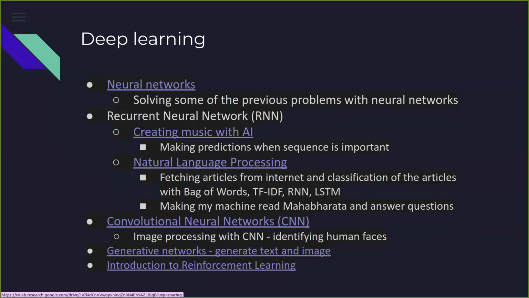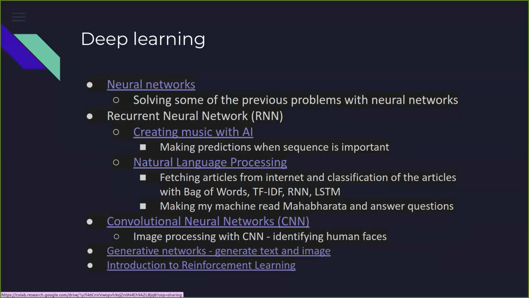Then we'll also give the system certain books to read. For example, we will take the Mahabharata, the entire 18 chapters of it. We'll put that into our system, and then we'll ask questions to the machine, and that will be very interesting.